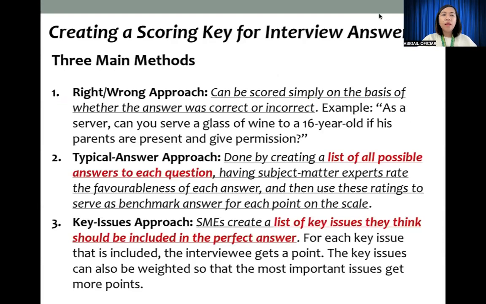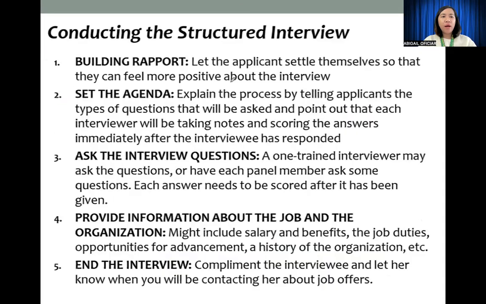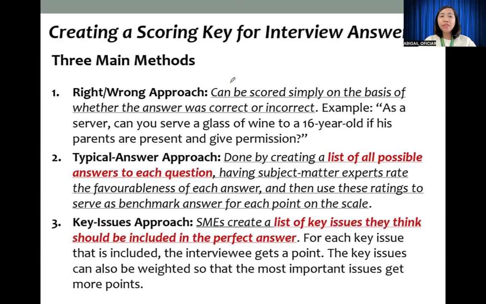Okay, now there are 3 main methods in creating a scoring grid for interview. Okay, so to discuss this, I'll give you 3 points for this. The first is right wrong approach. So we can create a question wherein there is a right or wrong answer to that question.